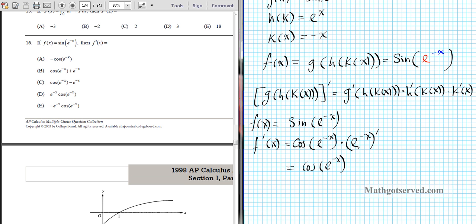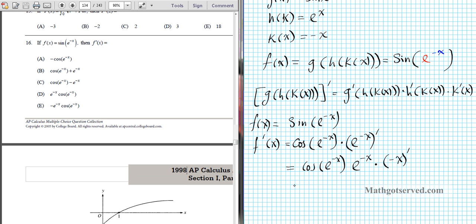Now we're differentiating the inner function, but the inner function is also a composite function, okay? So we're going to differentiate the exponential first. The derivative of e to the x is just e to the x, so it's e to the negative x, times the derivative of the inner function, which is negative x prime, okay? So we've done g prime of x here, and then now we did h prime of x.